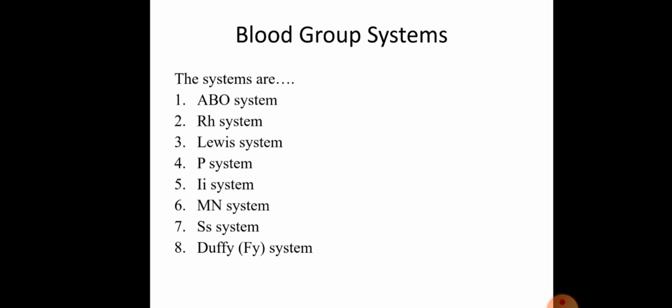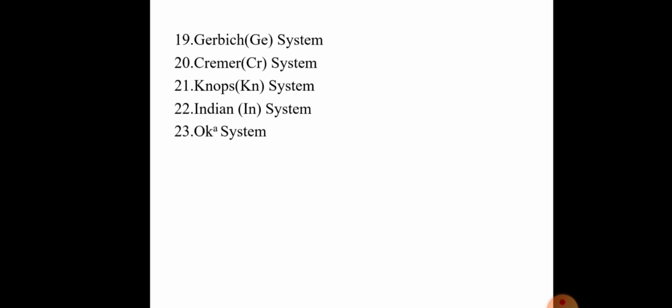There are different types of blood group systems. The main ones are the ABO system, Rh system, Lewis system, P system, Lutheran, Kidd, Kell, Duffy, XG system, Dombrock system, Colton system, Diego system, Cartwright, Scianna, Gerbich, Hima, Indian system, OK system.